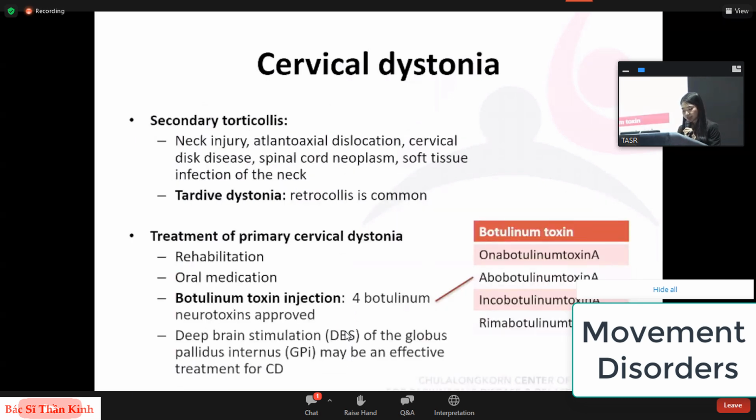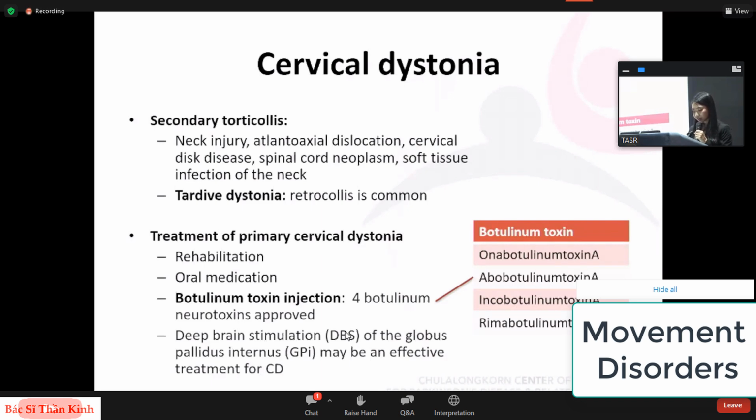The secondary torticollis can be caused by neck injury, atlantoaxial dislocation, cervical disease, and also tardive dystonia. This is from drug-induced movement disorders. And in tardive dystonia, retrocollis is common.